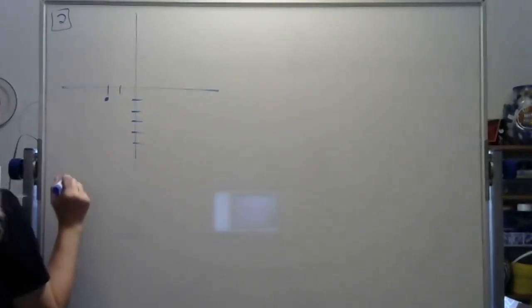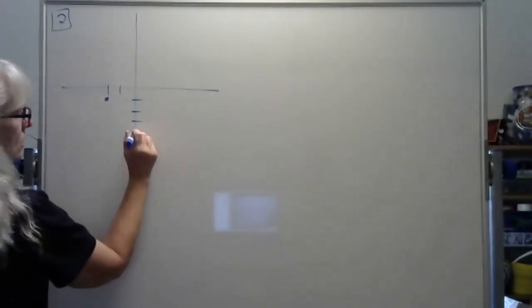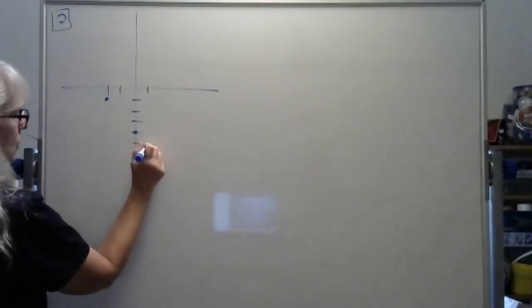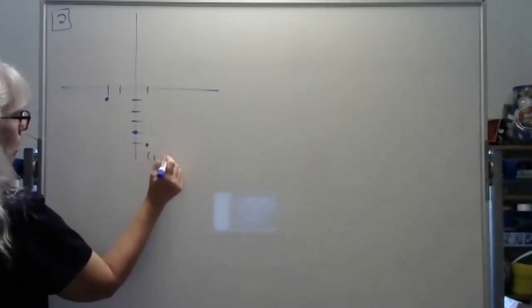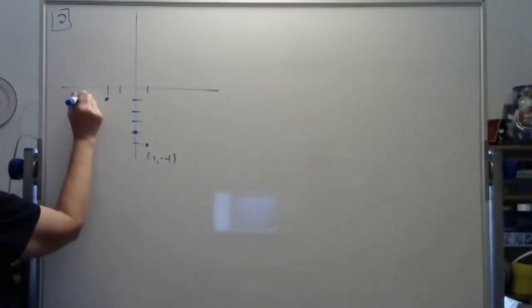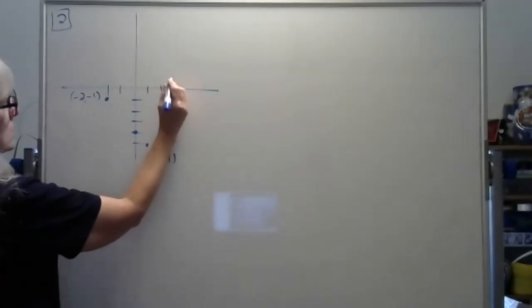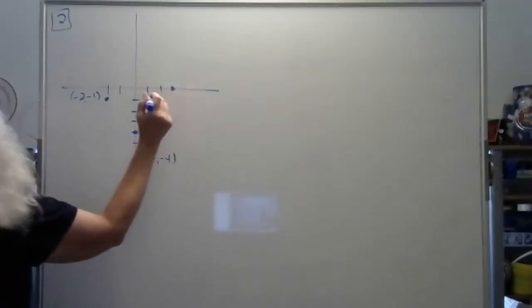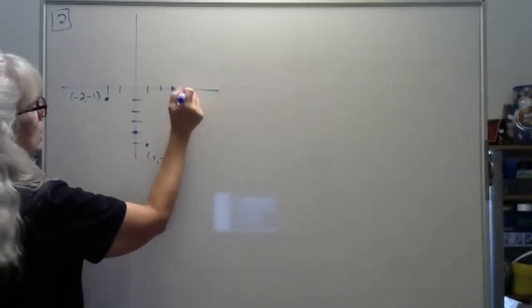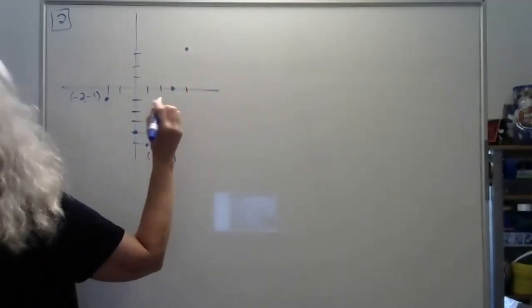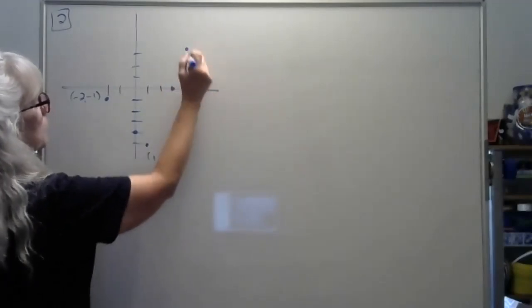You have another point over here at 0, -3. Another point at 1, -4. Another point over here at 3, 0. A point at 4, 3. And then the last point we're going to use at 5, 0.